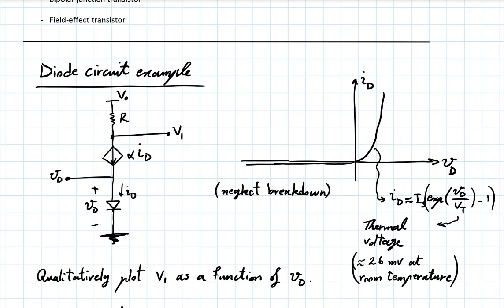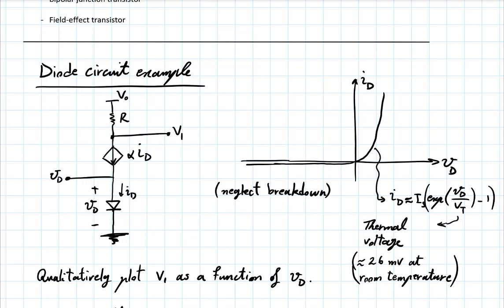If the diode current is 0, then what is alpha times the diode current? This alpha being some finite number. Well, that's 0. So what is V1? Not 0. V0, right? Because there is no current going down, so there is no voltage drop on R. And so V1 is V0. And that holds for essentially any negative value of VD.